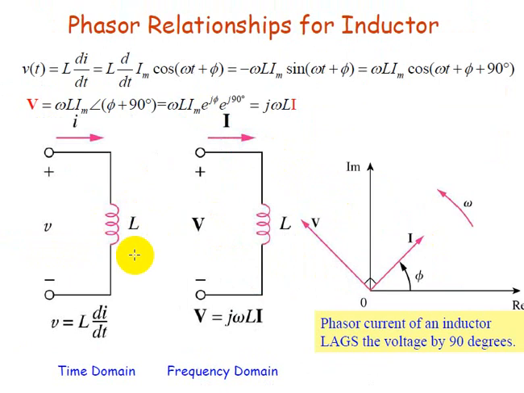The reactance of inductor is nothing but omega L. j is constant. Omega L is the reactance.